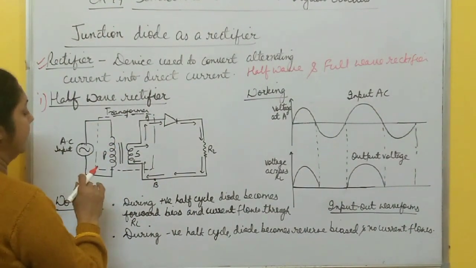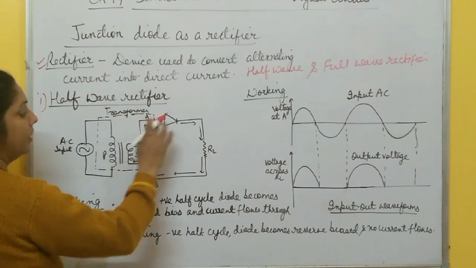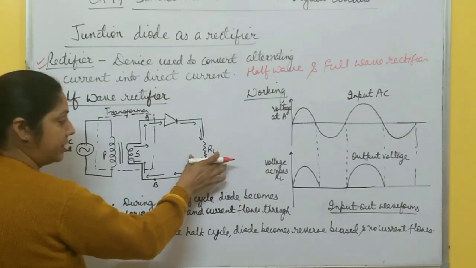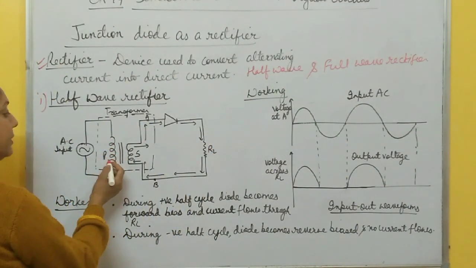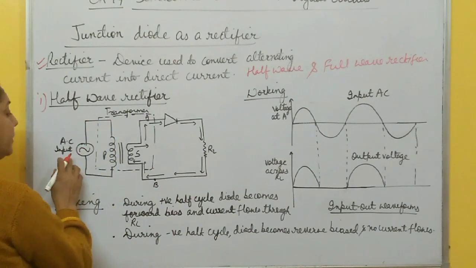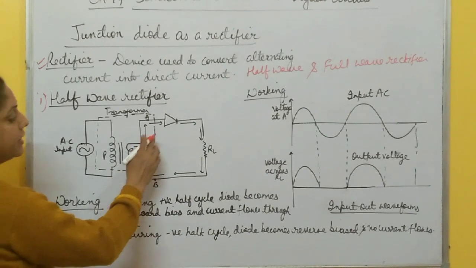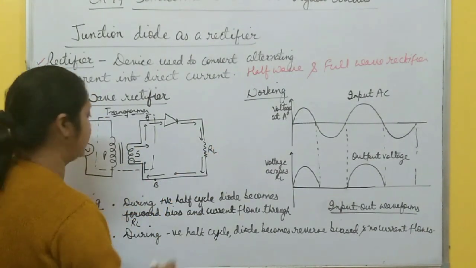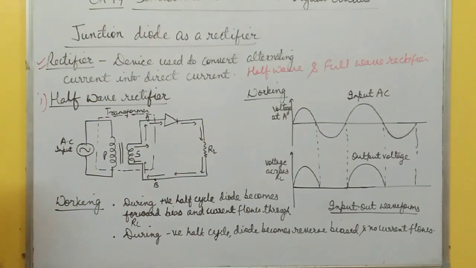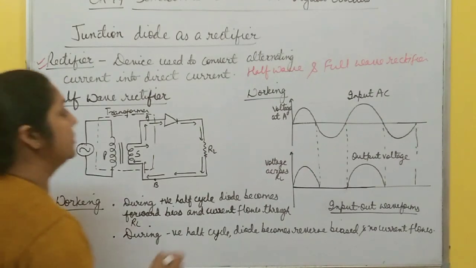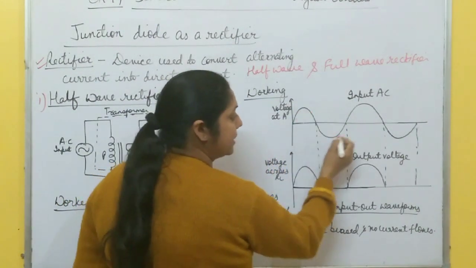In this circuit diagram, there is a transformer, a diode and a load resistance. The primary of the transformer is connected to the input AC supply, and the secondary of the transformer is connected in series with the diode and load resistance, right? Now, what is the working of this circuit? This is the input AC.